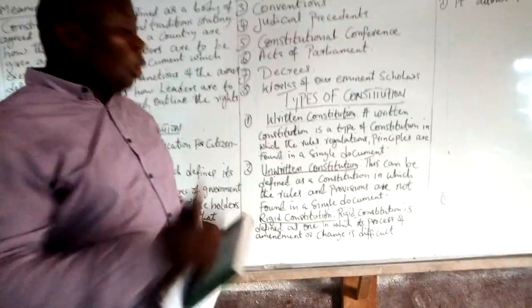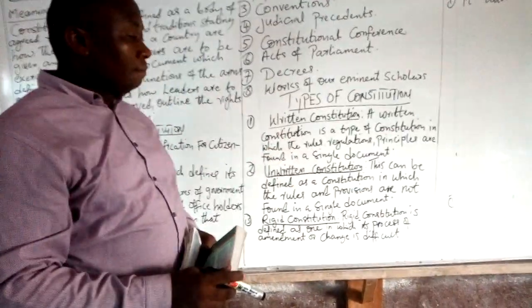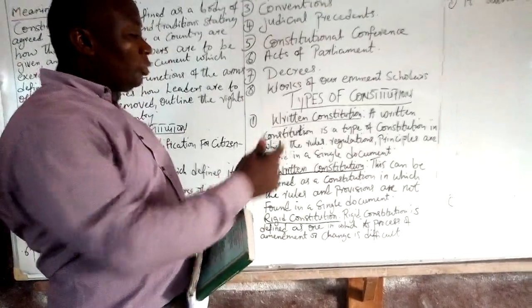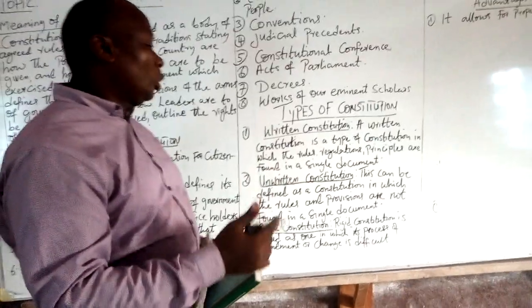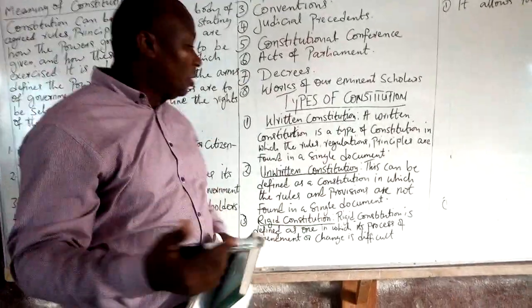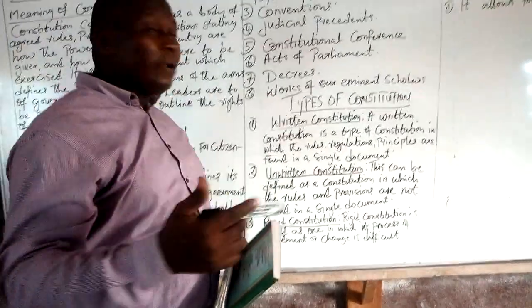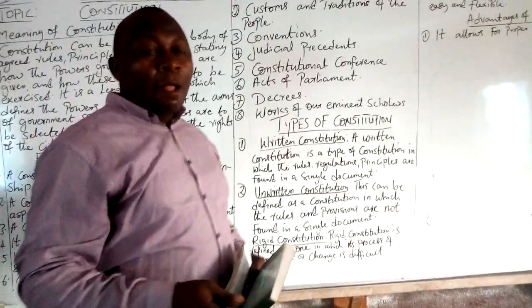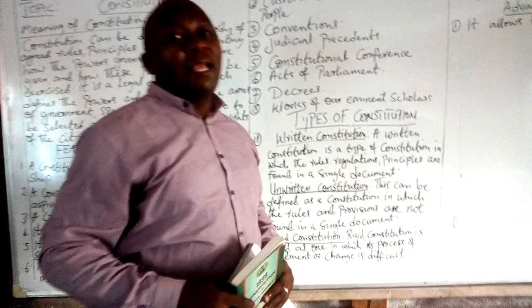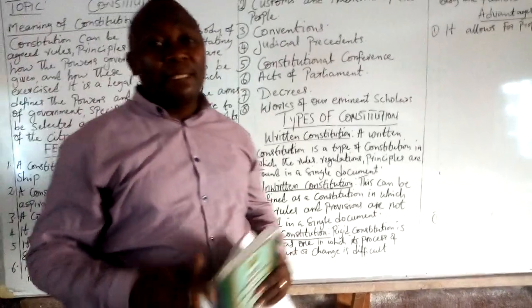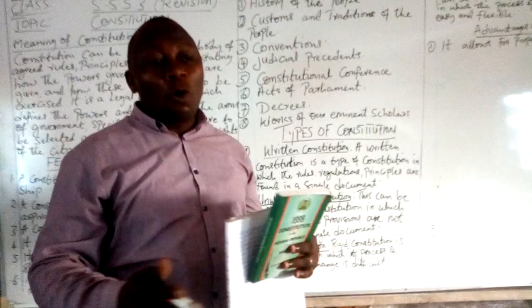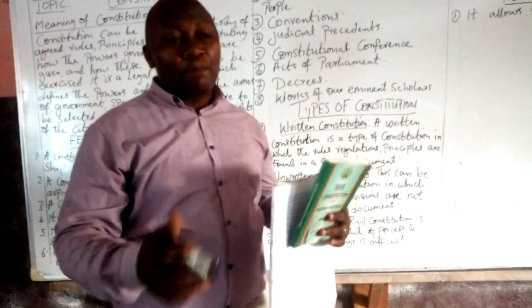Another type of constitution is the unwritten constitution. An unwritten constitution can be defined as a constitution in which the rules and provisions are not found in a single document. When I say a constitution is unwritten, that does not totally mean it's not written down on any paper.